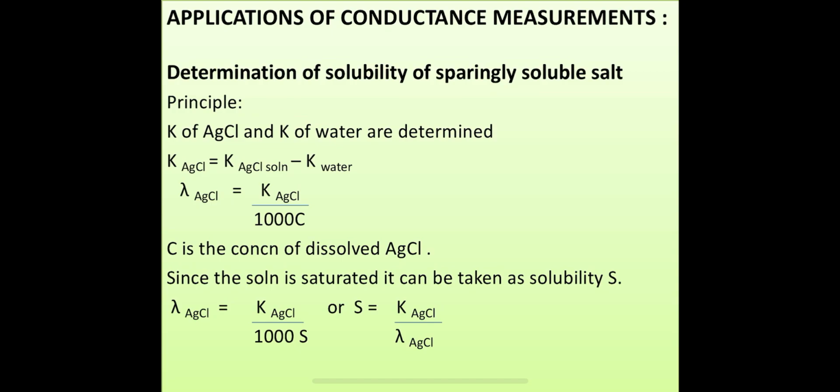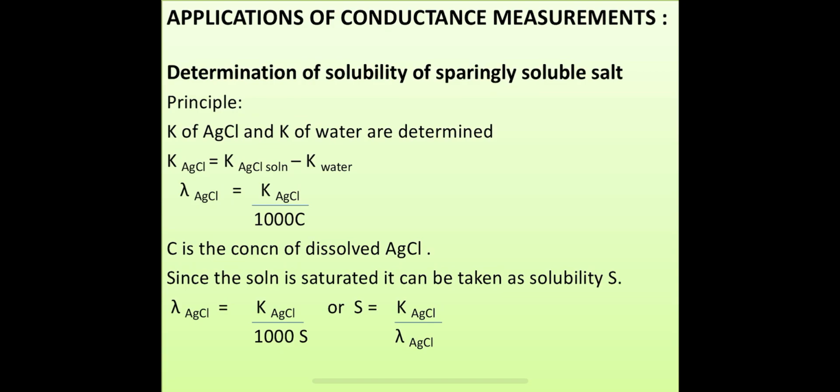Before going to the applications of conductance measurement, let us complete this transport number topic. There is a term called anomalous transport number. Anomalous means in a different way, not in the expected manner. The transport numbers of cations in aqueous solutions of cadmium iodide, potassium ferrocyanide, or silver ammonium complex vary with the concentration.